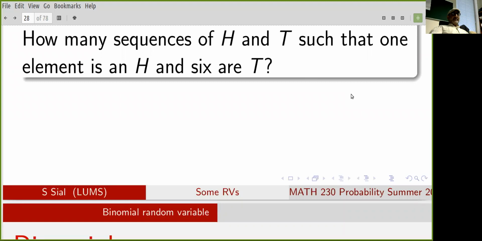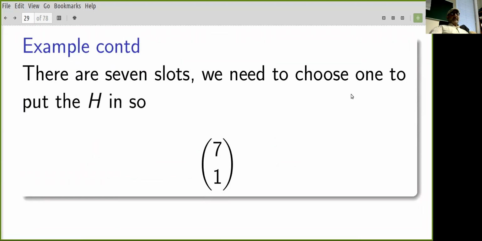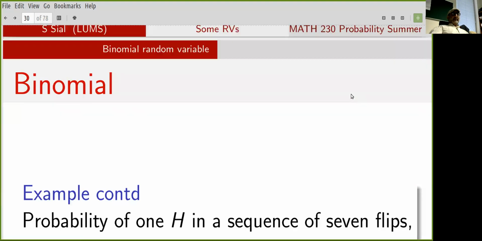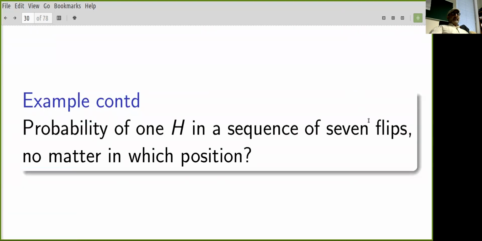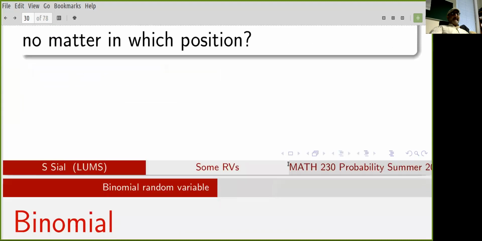There are 7 choose 1 ways to pick where the H is going to go. If we add up all of those, we get the probability of one H in a sequence of 7 flips, whichever position.